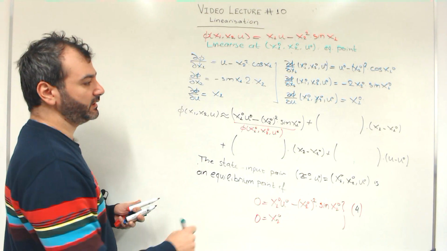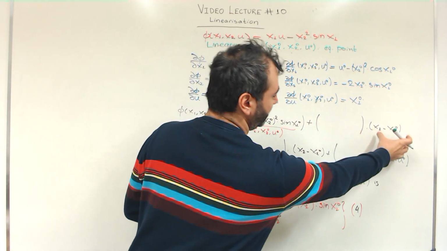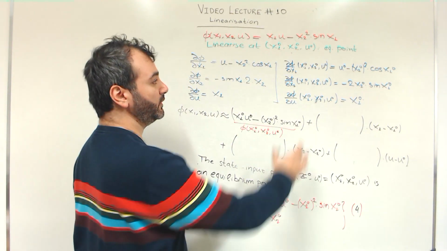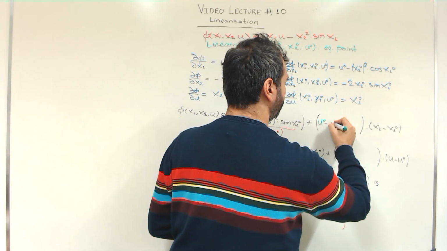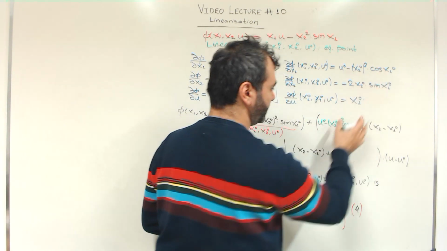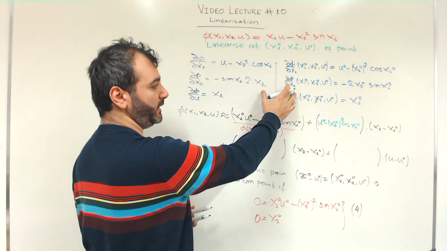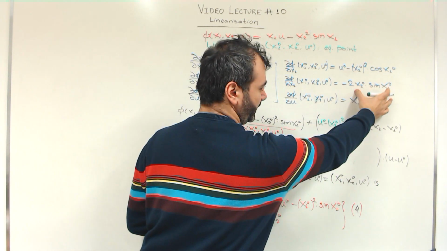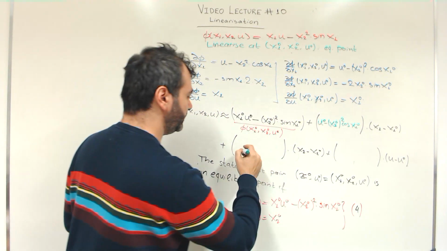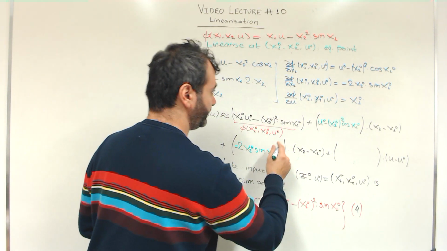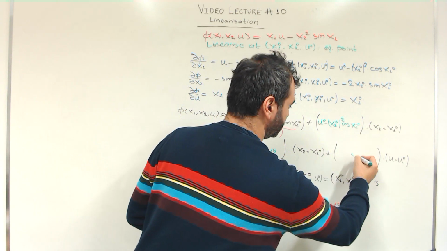So in particular, here, this term that multiplies x1 minus x10 is this term. This term goes here. This term, which is the derivative with respect to x2 at the equilibrium point, must go here. And of course, this term goes here.